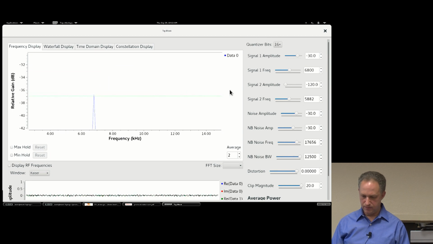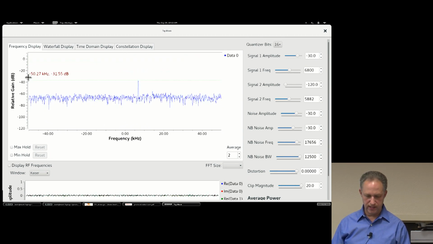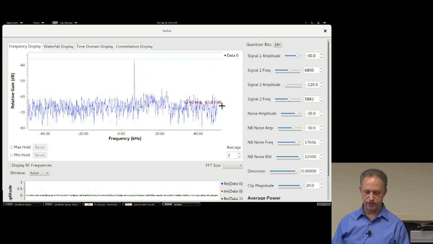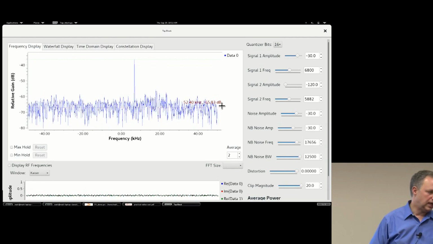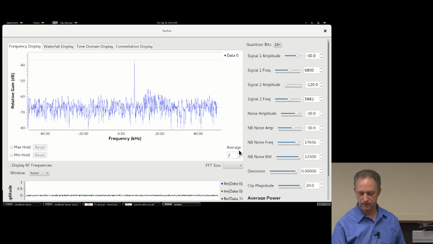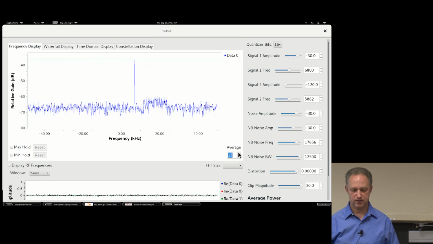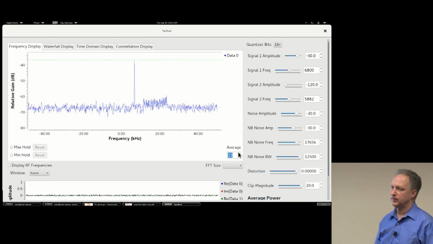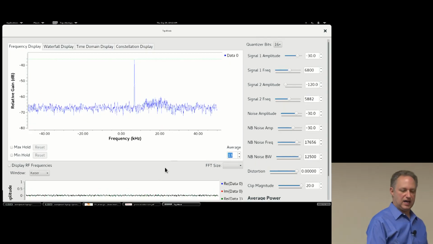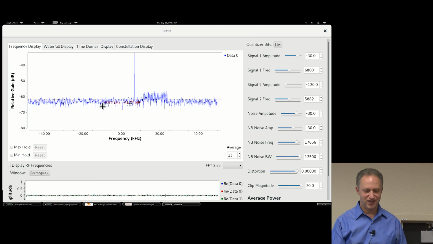Okay, so now the next question is, what is the signal to noise ratio of this signal? We know that this top one is -30. So I'm going to turn up the averaging. So what's our SNR here? Everybody knows not to answer, I guess, because they're all trick questions.